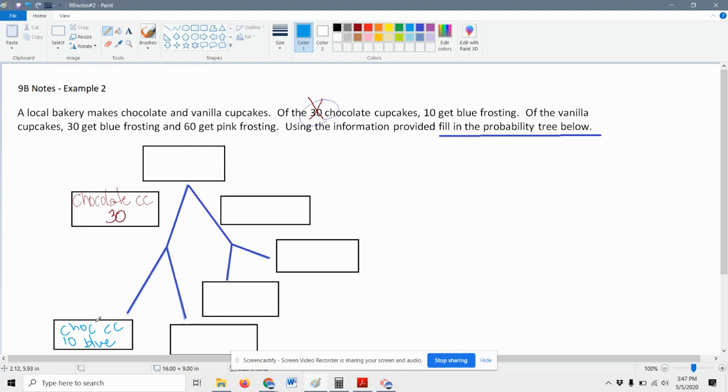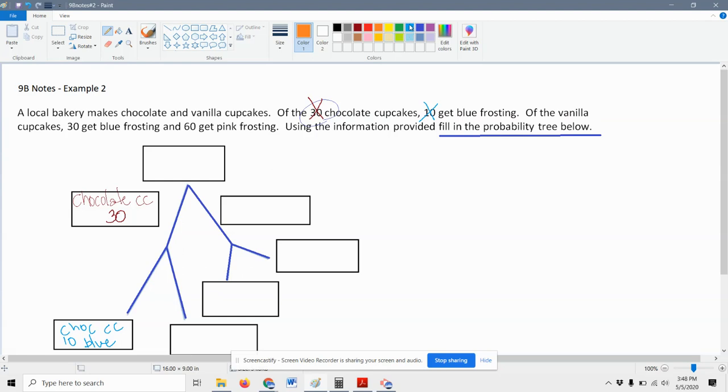But I always like to bring that heading down, okay? Of the vanilla, and then what would these be? Well, let's go ahead and do the rest of the numbers in our paragraph, and then we'll go back and fill that in. Of the vanilla cupcakes, 30 get blue frosting and 60 get pink frosting, okay?